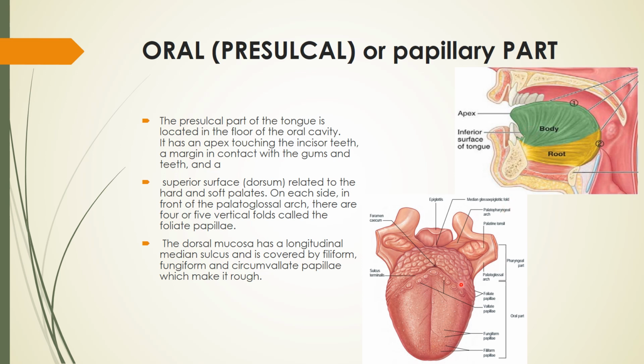On each side, in front of the palatoglossal arch, there are 4 or 5 vertical folds. These are called foliate papillae. The dorsal mucosa has a longitudinal median sulcus, and it is covered by filiform, fungiform and circumvallate papillae, which make its surface rough.